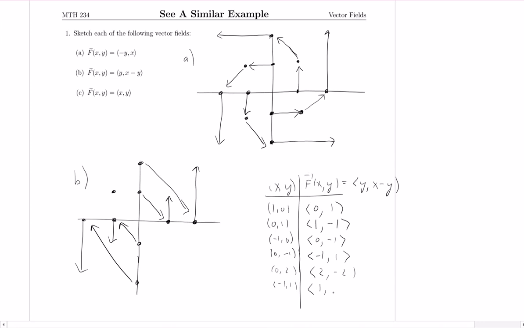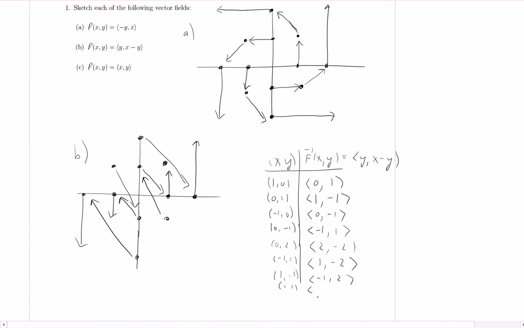And I'll get (1, negative 2). So it's to the right 1 and down 2, like this. If I pick this, (1, minus 1), I get (minus 1, 2), like that. How about if I pick (1, 1)? And I'll get (1, 0). So in this case, it points straight to the right.